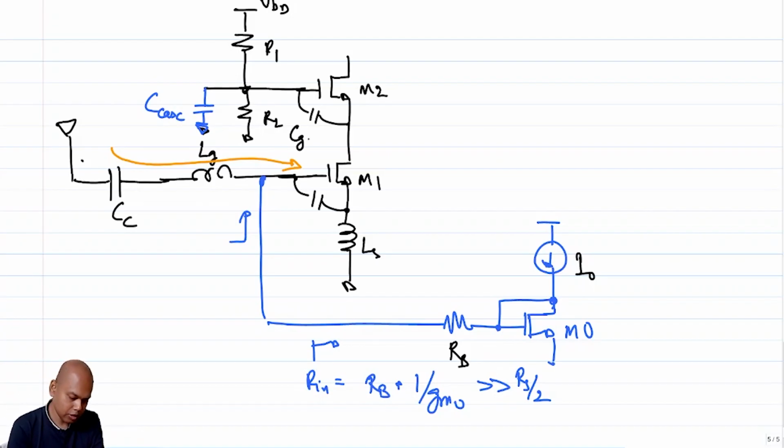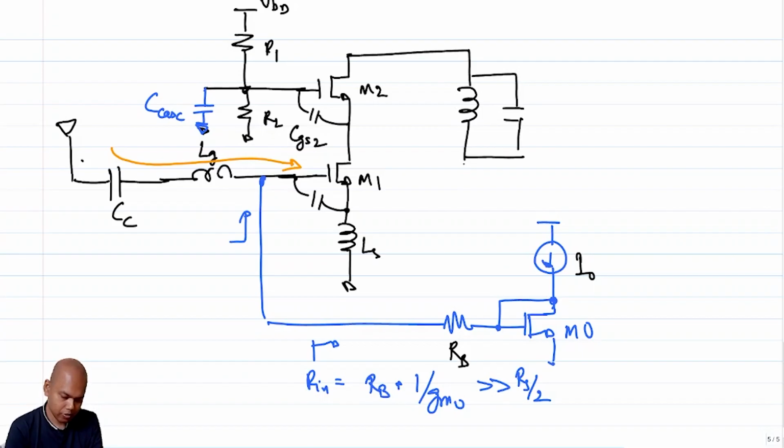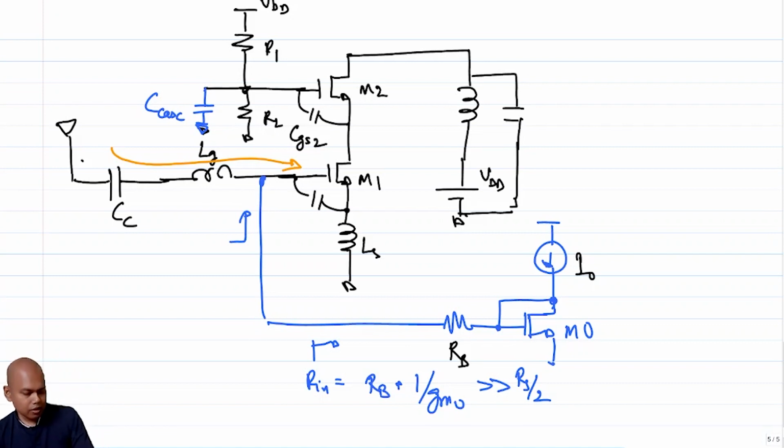Okay, so this is CGS2, and this side obviously you have VDD, right? Now this is not sufficient because when the signal comes in, you have a swing here.